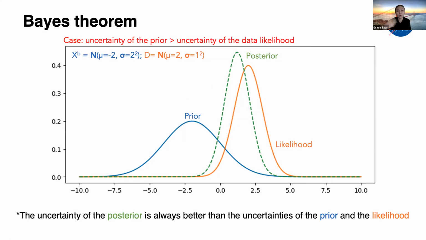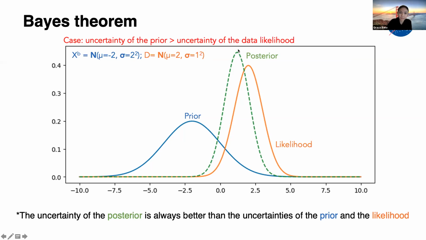Now, what happens when the uncertainty of the prior is greater than the uncertainty of the data likelihood? As you can see, you have a broader Gaussian PDF here representing larger errors. You see that the resulting posterior is not entirely equal to the observation, even though the observation has smaller uncertainty. This is because we still consider the information from the prior.